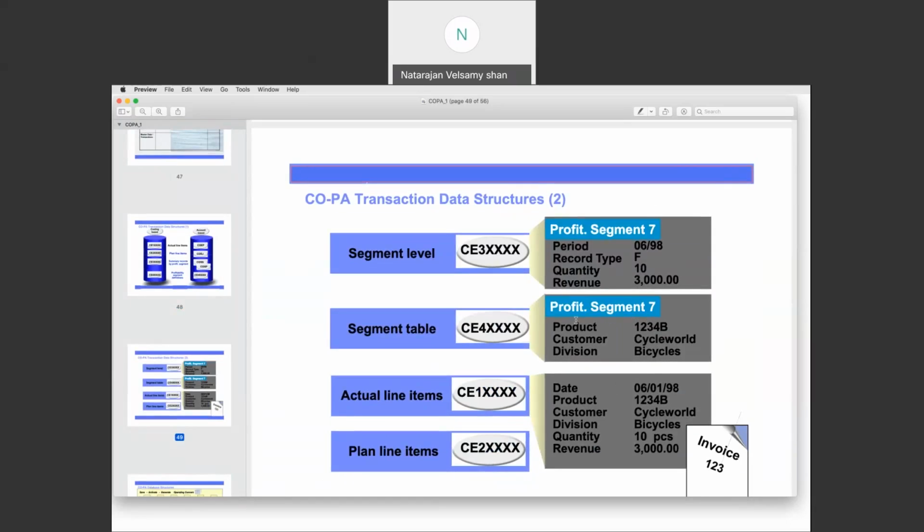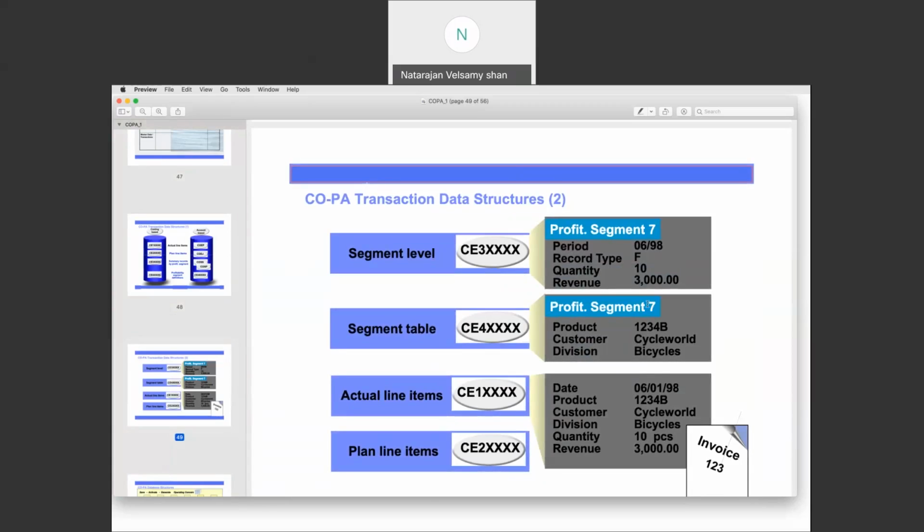What characteristics do you need to maintain at the segment level? Here product, customer, and division are maintained, and for this they will create the profitability segment. This record is stored with this information: revenue, quantity, record type, and the profitability segment definition.